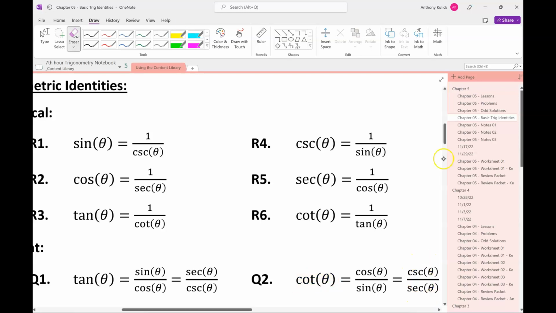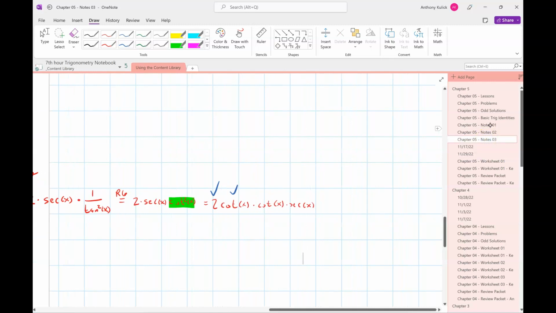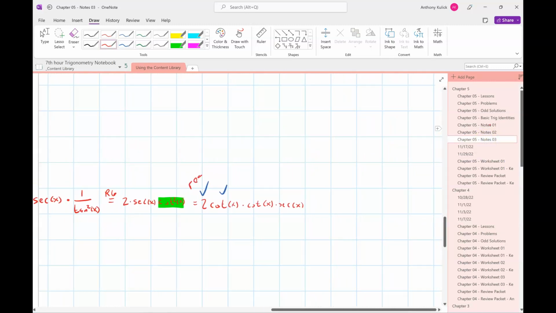Now, would you find these this quickly when I'm finding these? Probably not. You'll have to look for a minute. I'll give you a little hint here, though, guys. And I know this kind of stinks. If you have these identities memorized, it goes so much faster and it's so much easier to get good at these.